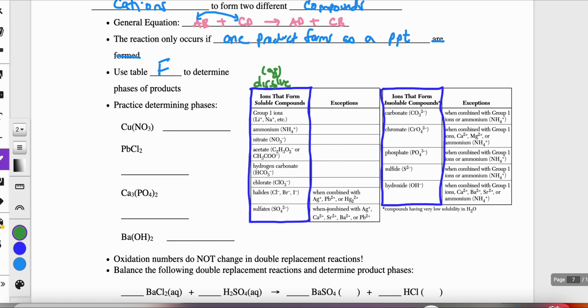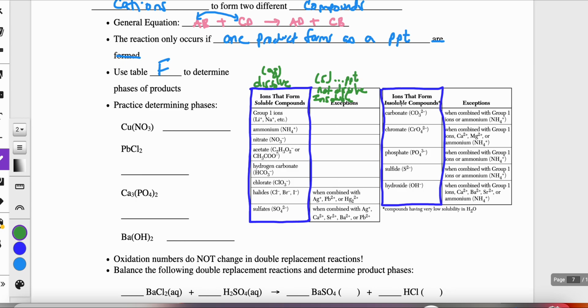The second column of that table is about exceptions. Well, this table is about things that are soluble or will dissolve. The exception would be that they are insoluble. They will not dissolve. So that means that their phase will be a solid because they form as a precipitate.